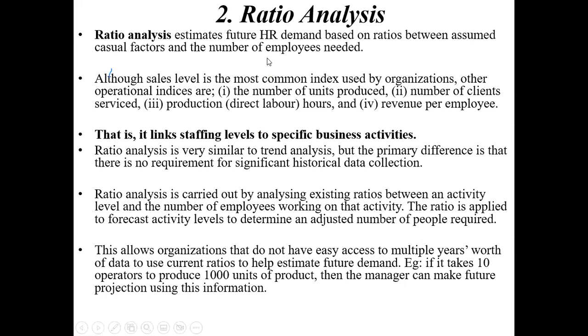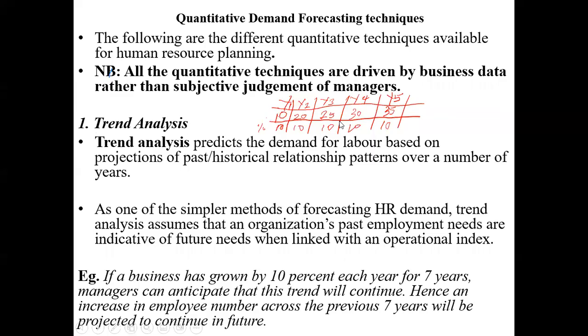Sir. Yes, Abigail. On trend analysis, you said that because there is constant growth and progression in the organization, it seems to always employ some people, but they always get the same outcome.